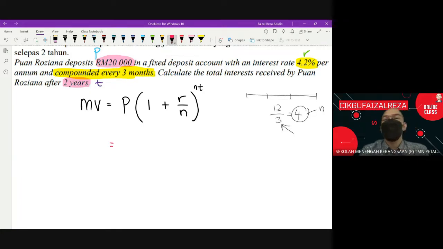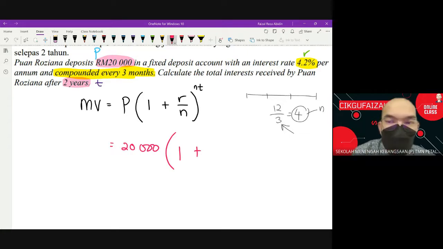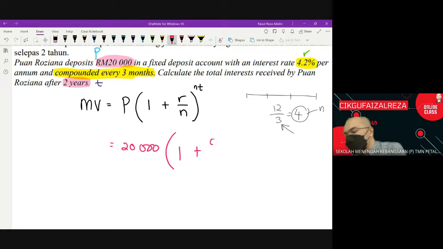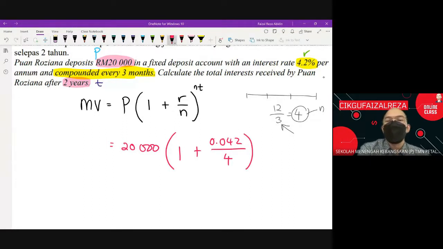So the matured value over here is 20,000 times 1 plus the rate, which I'm going to put in decimal, 4.2%, over N, here 4. And then NT over here is also 4 times 2, or 8. Straight away you can get that one, but I'm going to substitute one by one there.